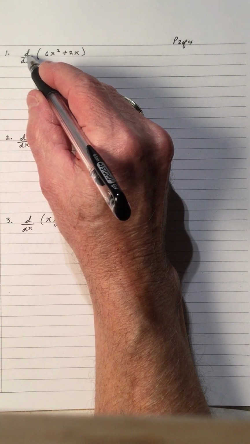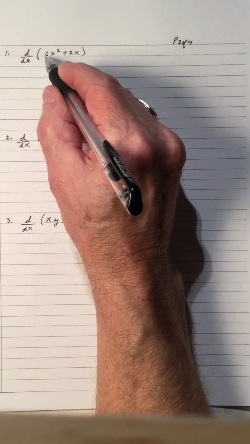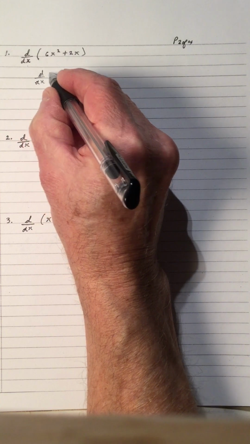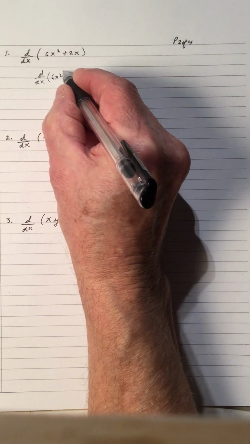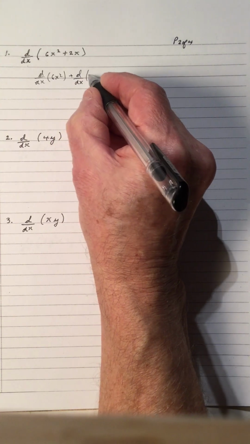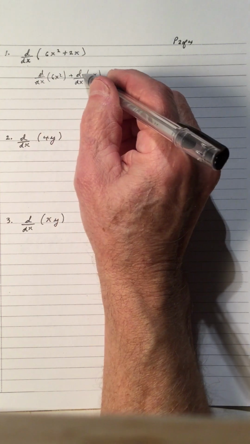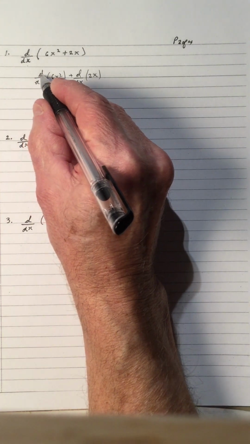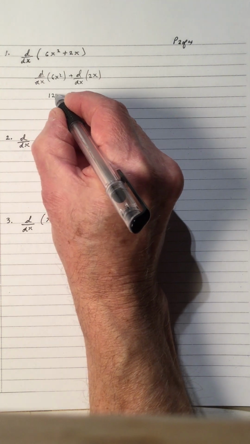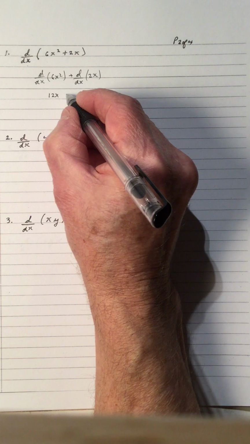Here we go. The derivative d/dx of, notice we have all x's here. So d/dx of 6x squared plus 2x. We do the derivative of each part because the derivative of the sum is the sum of the derivatives. So this is d/dx of 6x squared, so that's 6 times 2 is 12, take away 1 is 1, so 12x.